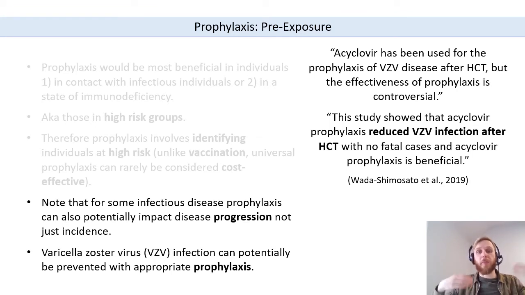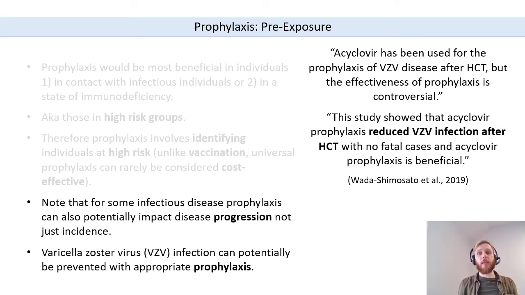Again, this is some level of incompatibility, and the end point is we see reduced numbers of VZV infections in these individuals. Acyclovir is a drug we've talked about that is very effective at inhibiting herpes virus replication, which of course is what varicella zoster virus is.